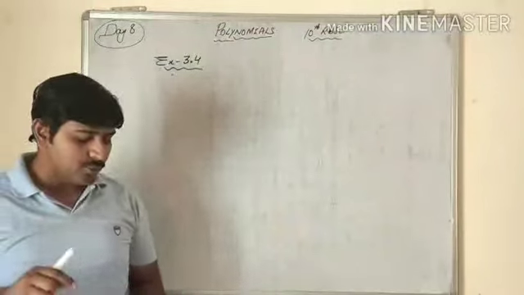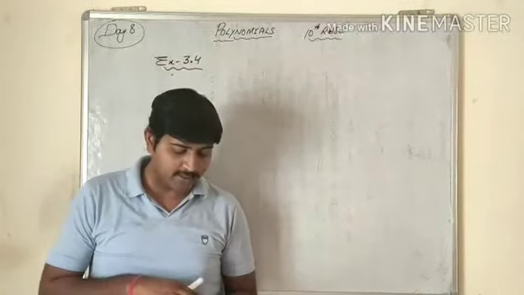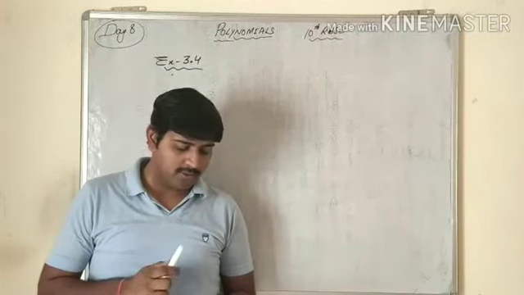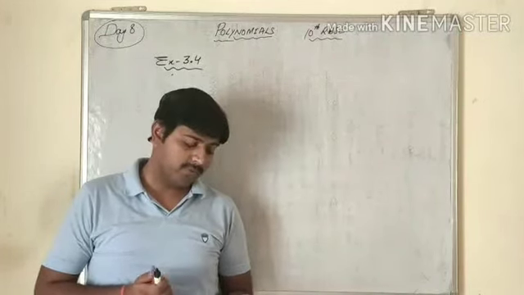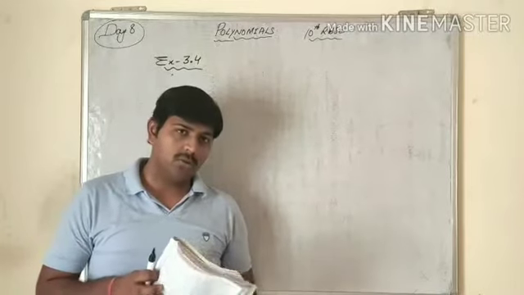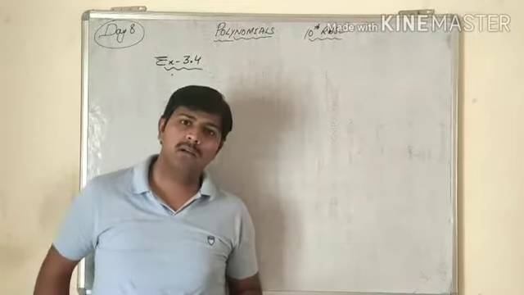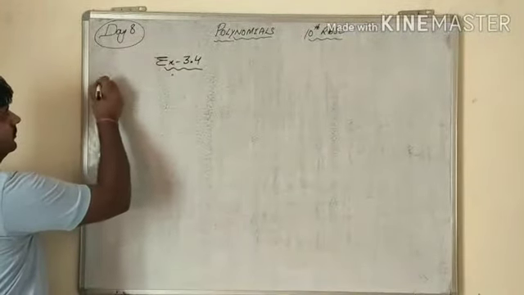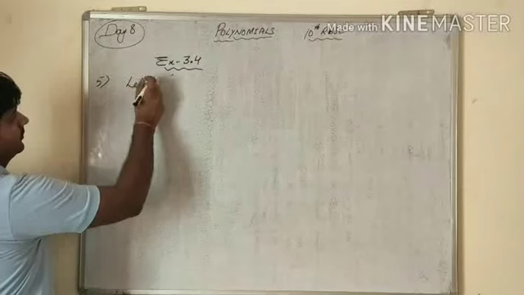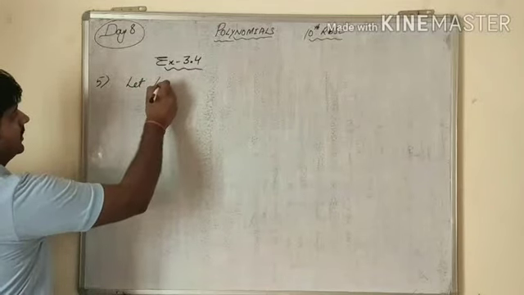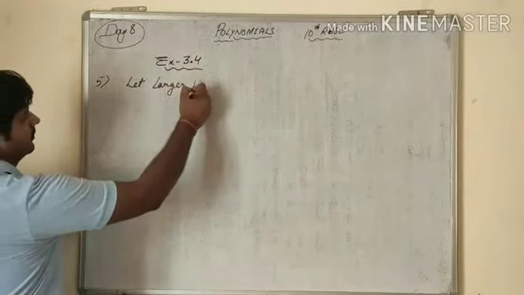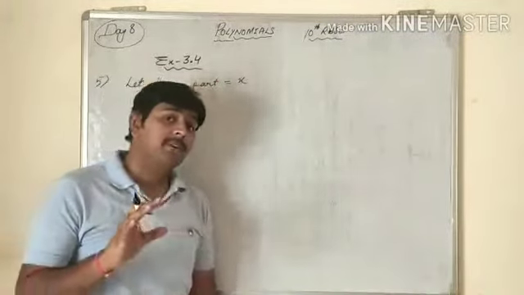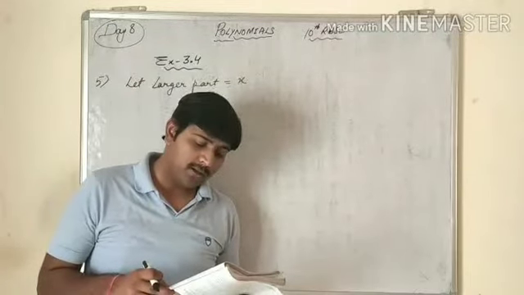Divide 16 into 2 parts such that 2 times the square of the larger part is 164 more than the square of the smaller part. So take the larger part, that is x. Let the larger part be x, and we are dividing 16 into 2 parts.